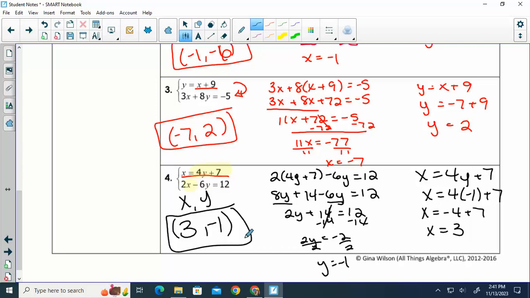So that's 1 through 8. That is all we are doing right now. Don't lose it. We're going to do the other side tomorrow. But today it's 1 through 8.